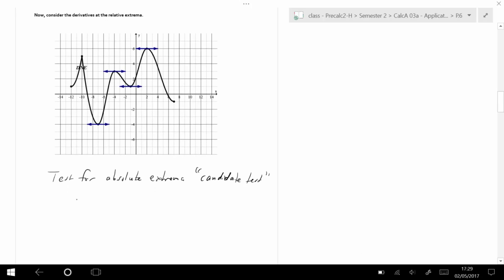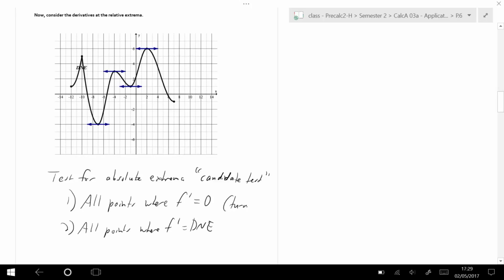So to do the candidates test, you want to test all these different kinds of places. Like I said, there are three primary kinds of places. We have all the turning points, and mathematically those are all the points where f prime equals 0. Then we want to test all the cusps, which are all the points where f prime does not exist, because there's no derivative at a cusp.